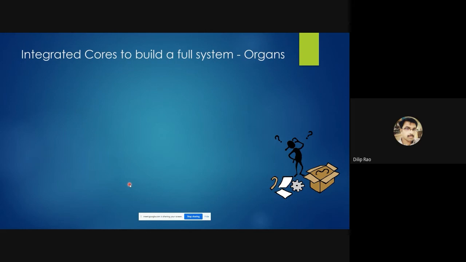Integrated cores to build a full system, right? So these are what we are going to term as organs of our system. If you want to compare with our human anatomy, it is not possible for us to define and describe every small functionality in terms of HDL.